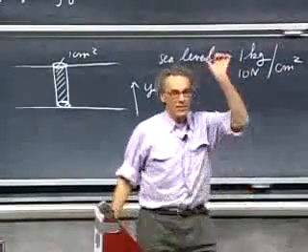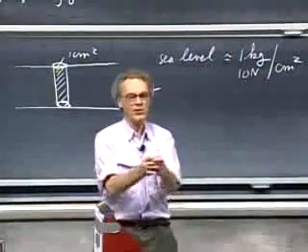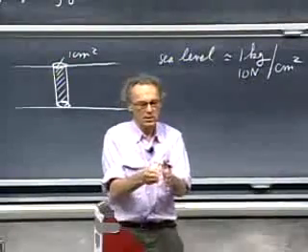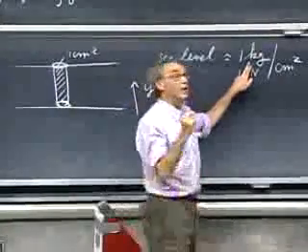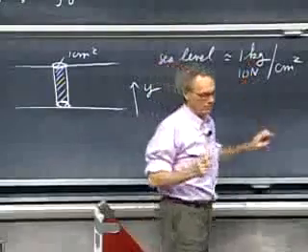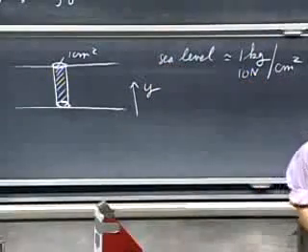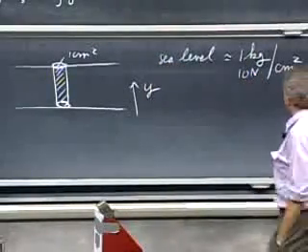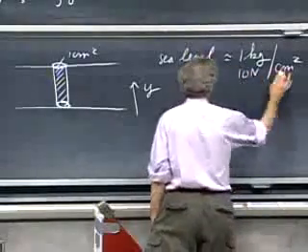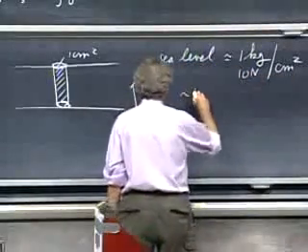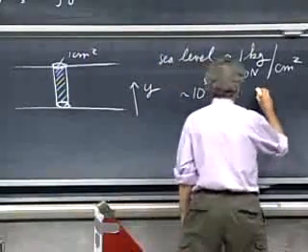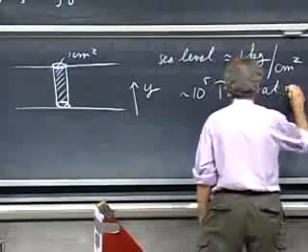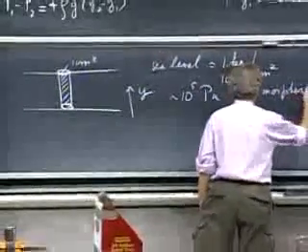It means then that this whole column, if I take a 1 square centimeter tubing all the way to the top of the atmosphere, a few hundred kilometers, would weigh 1 kilogram only, all that air. 1 kilogram per square centimeter, if you convert that to newtons per square meter, then you get roughly 10 to the 5th pascal. And that is called generally 1 atmosphere. It's called the atmospheric pressure.